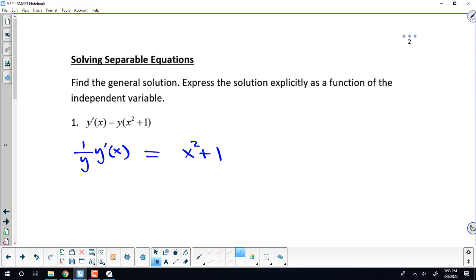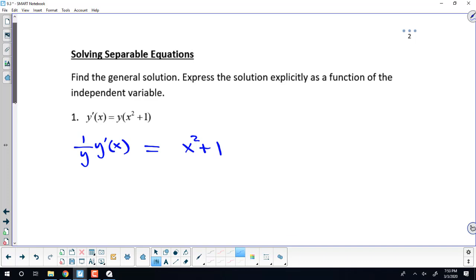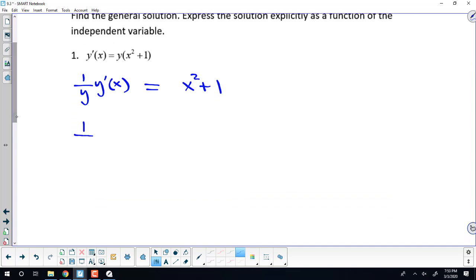And this is y prime of x. Maybe initially it's helpful to think about that as dy over dx times 1 over y is x squared plus 1. So we've separated the function of y attached to y prime, and then we integrate both sides with respect to our variable x.